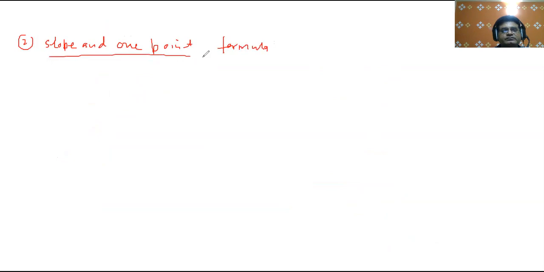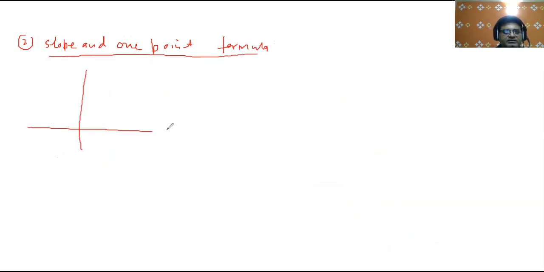Now we'll discuss the second case, slope and one-point formula. In this case, what happens?